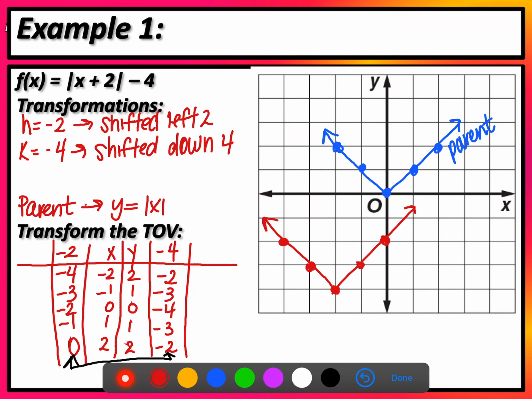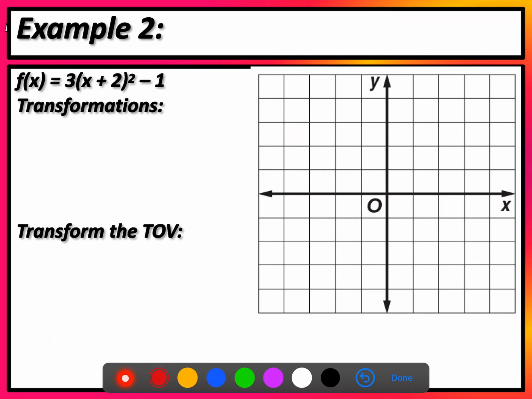Okay, so you are going to be asked to create this transformed table of values. Okay, that's how you're going to graph these functions since this is a no grapher unit. Okay, so let's try another one.